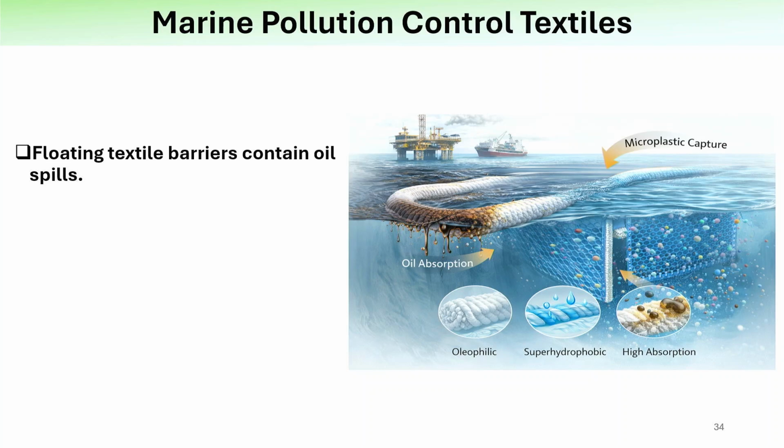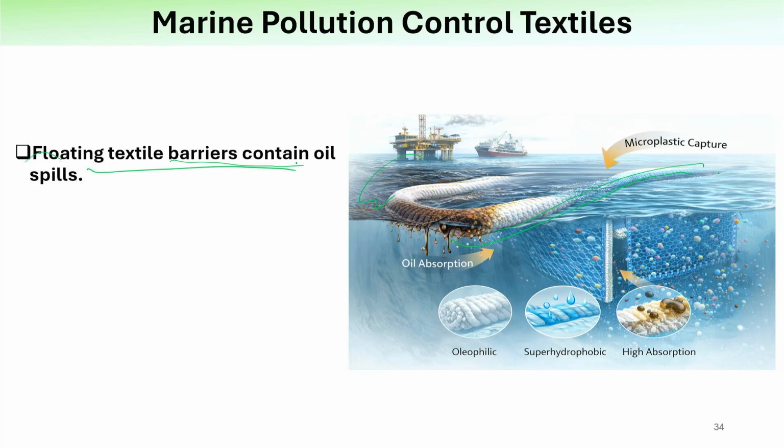So, floating textile barriers for marine pollution control. What happens in a place where there is an oil spill? We cover and contain that area with floating textile material. This barrier contains the oil spill.